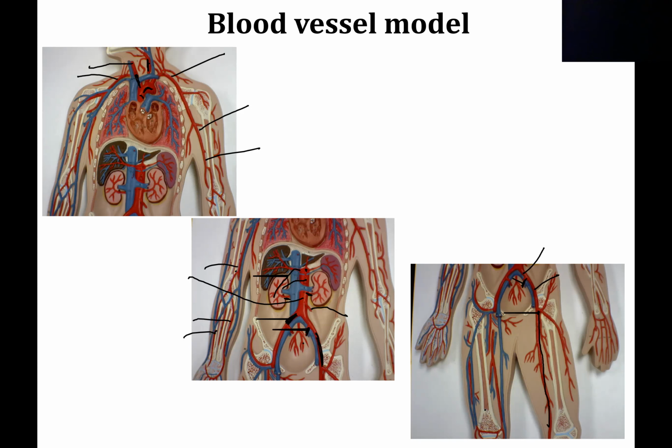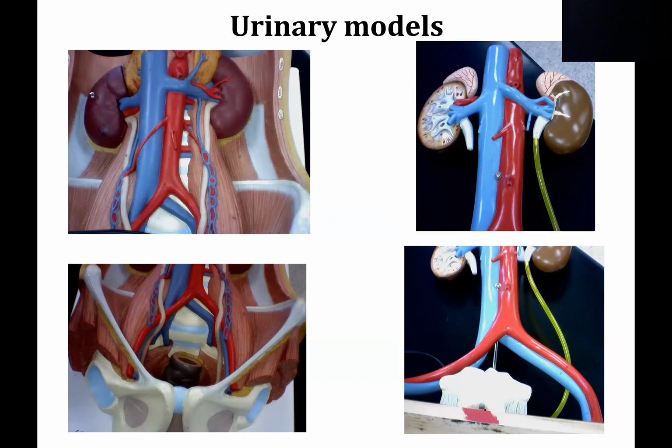On a different model, this is the urinary model, and so here you can see the celiac trunk, the superior mesenteric artery, renal artery, abdominal aorta, inferior mesenteric artery, common iliac arteries.